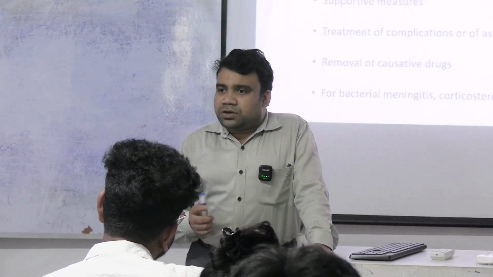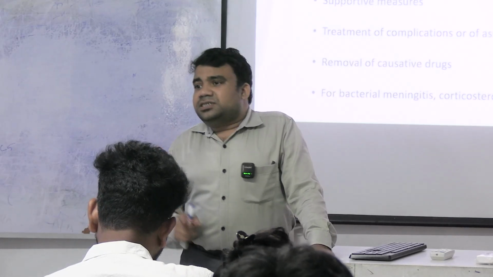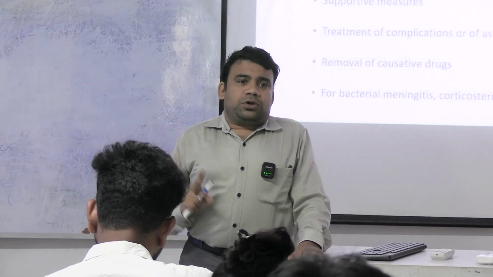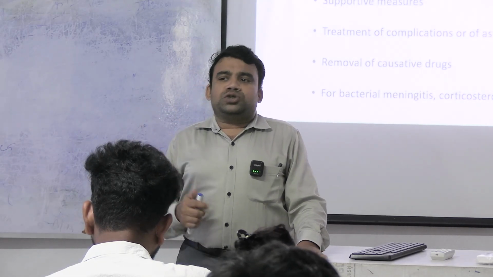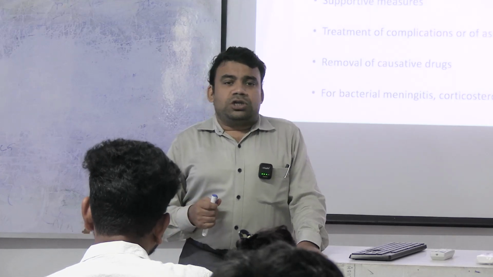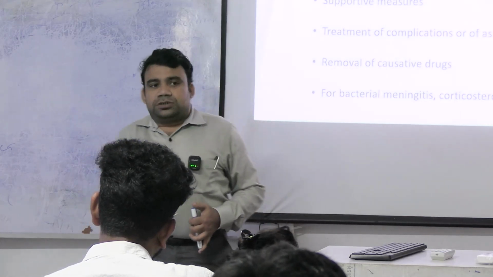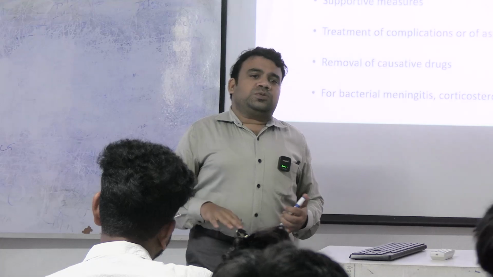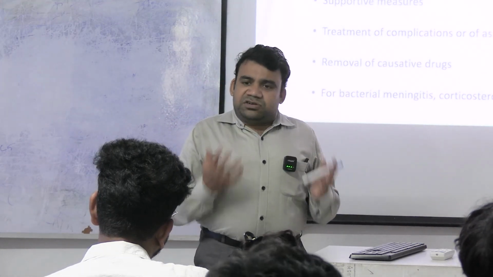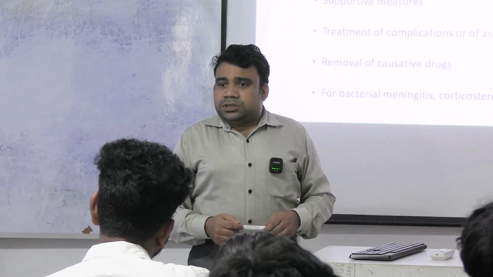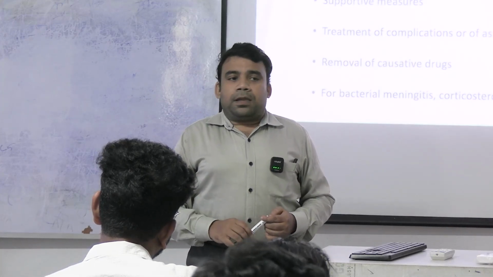That is the intensive care unit. Next, you have to administer two important things: the antimicrobial agents and corticosteroids. Why corticosteroids? Because they reduce inflammation. Not only will the signs and symptoms resolve, but the increasing pressure will also go down.